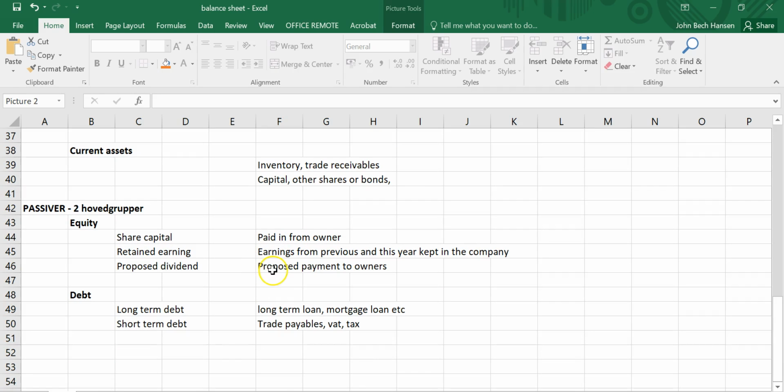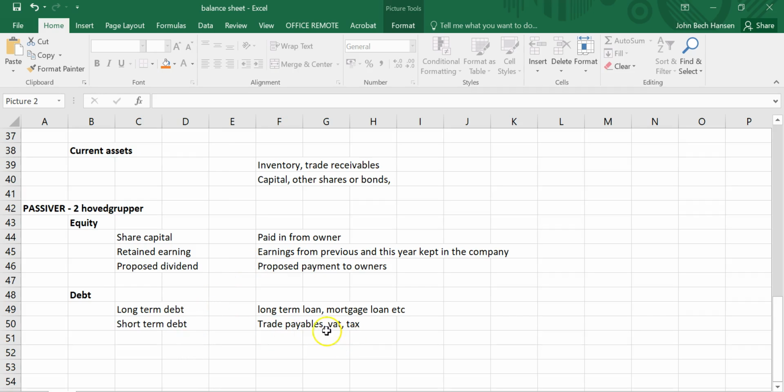The last thing I will talk about is the debt, and the debt we divide into long term and short term. And what is long, what is short? Easy to say. It's 1 year. If it's above 1 year, then it's long term, and if it's to be paid within a year, it's short term.